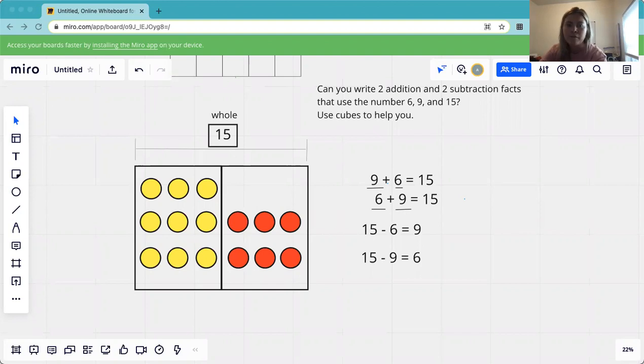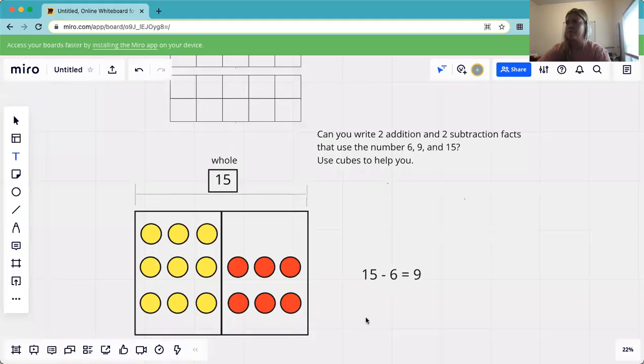What is my 15 representing? It's describing my whole. Because adding these two together, I would show my whole. So we know that 15 is my whole.